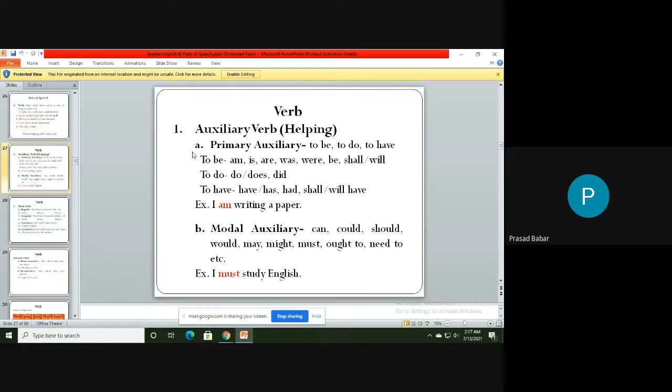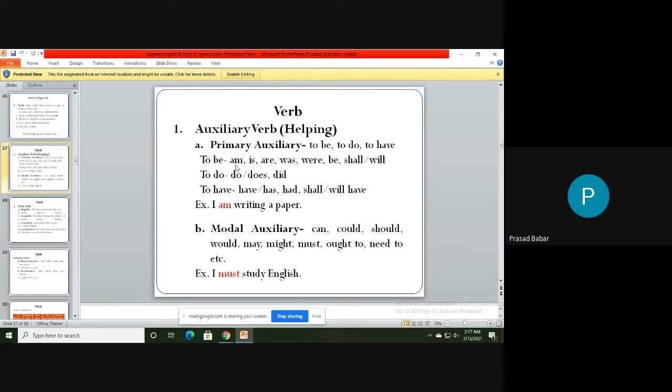Okay, so primary auxiliaries are to be, to do and to have. So to be or to do or to have, these three come under primary auxiliary verbs. So what are the verbs which come under the to be type?